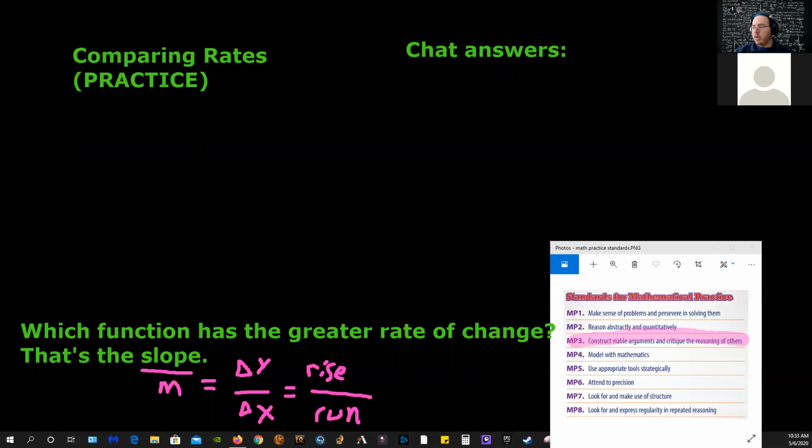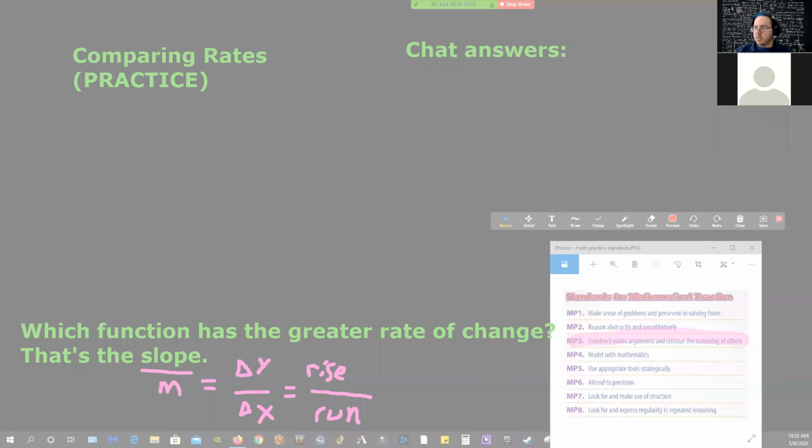So far, when you're looking at the equation, you just have to spot it. And when you're looking at the graph, you can count it. But when it comes to tables, you actually have to calculate the rate of change. So let's look at this one.